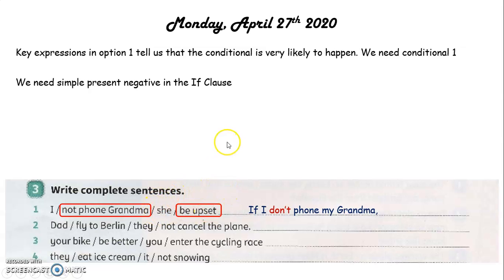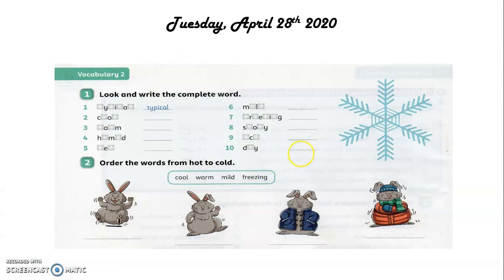On the other side, what do we need? I need will or won't. Well, in this case, the indication is affirmative. So the option is will. She will be upset. If I don't phone my grandma, she will be upset. Now you have to work with the rest of the 3 sentences. This is very easy to do.